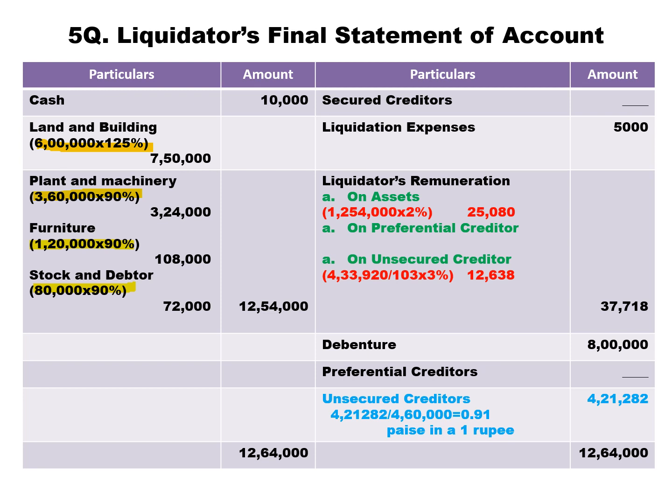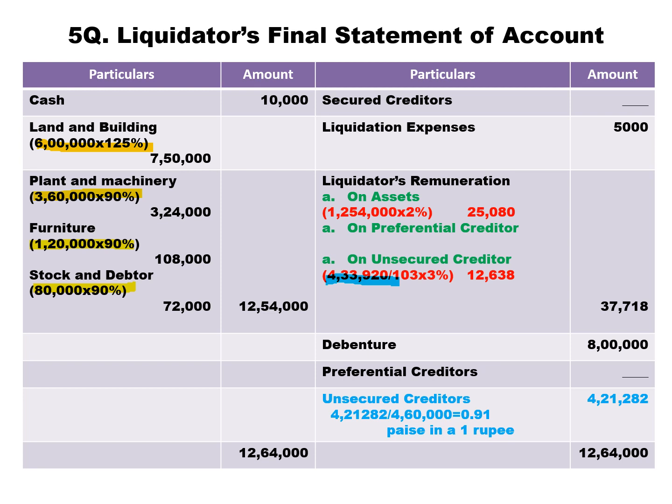So the question is, how did you get this 4,33,920? Take your calculator. On the debit side we have cash 10,000 plus total assets realized 12 lakh 54,000. This is the total amount available in our hand.